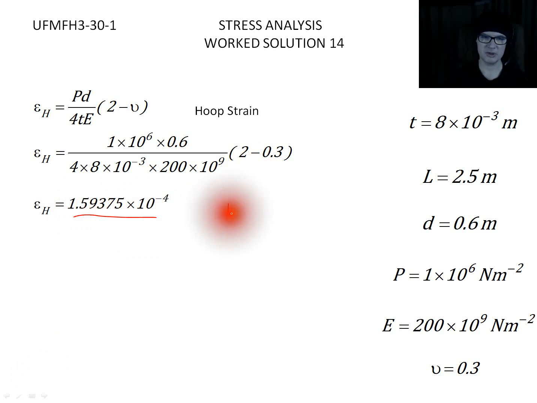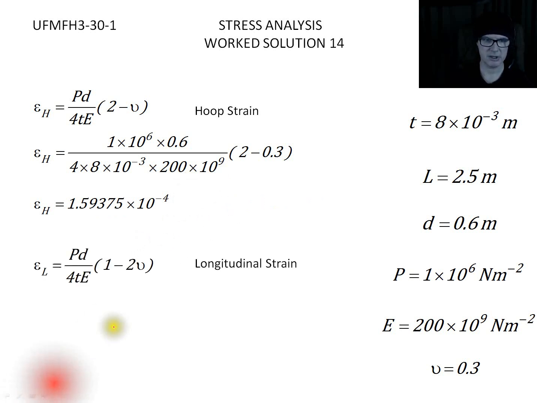General rule of thumb is that you're looking for results between 1 times 10 to the minus 3 and about 1 times 10 to the minus 5. They are the typical sort of structural strain values you would expect to get. So this falls nicely into that range.